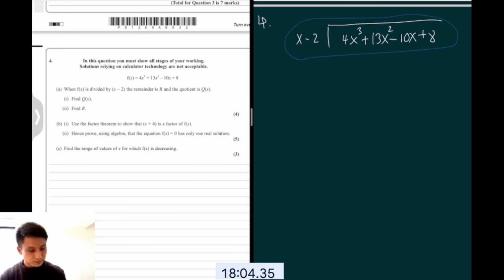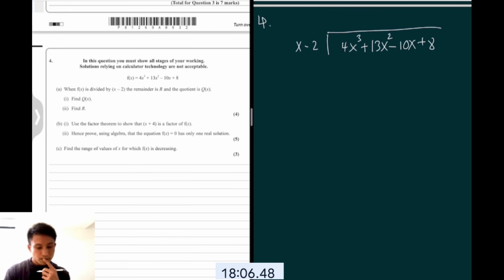So, x minus 2, we're just going to divide the first term into the first term. We get 4x squared there. So this will be, of course, cancelling with the top one, and then you multiply back, so you get 4x cubed minus 8x squared. You subtract. Of course, the first one will be 0, but the second one will be 13x squared minus minus 8x squared.